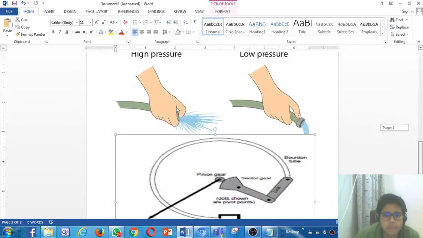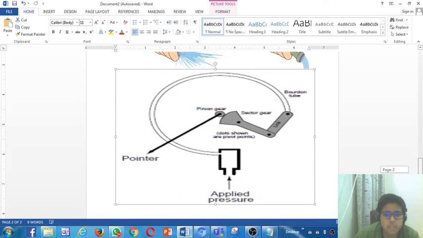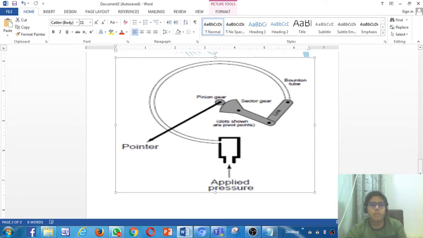Now pressure gauges. First is the Bourdon gauge. Look at this, this is a Bourdon gauge, and I will explain it. From here we apply pressure. This is a mistake: here the fluid should be flown.